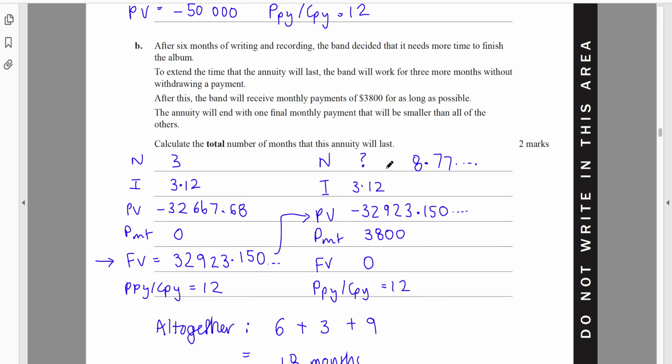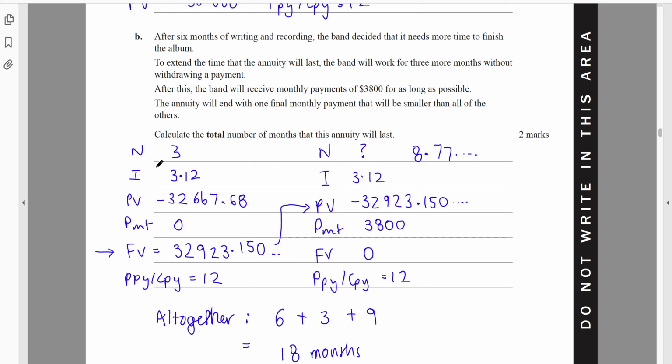So it's in two parts because part one, we need to know how much money is in the annuity after these 3 months that the band is not withdrawing money. So N will be 3, it's 3 months. The I value is the same as before. Now PV is why we're starting after those 6 months. So we're not starting from the very beginning.